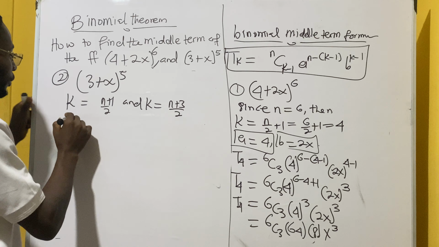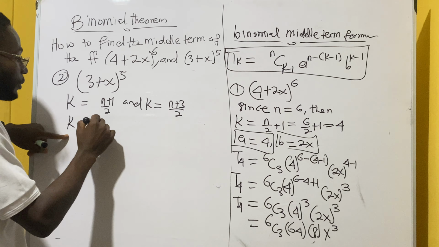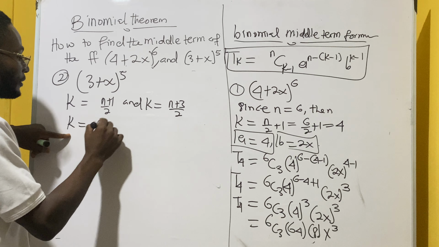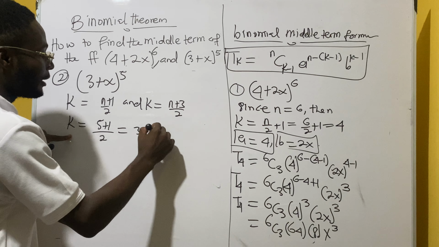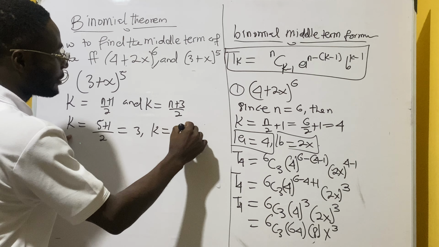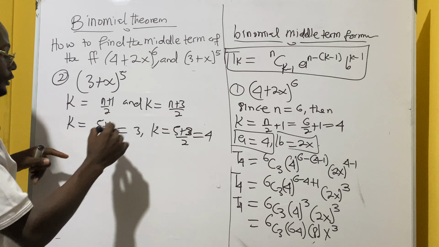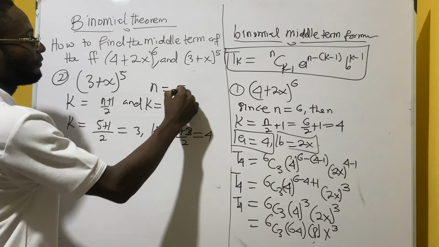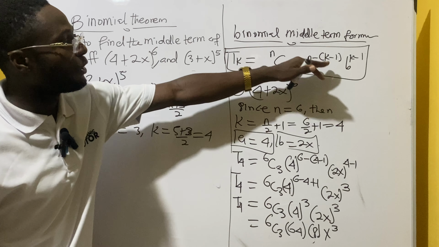So here we're going to have our middle term to be equal to n, which is 5, plus 1 over 2, and that is 3. And the other one is going to be 5 plus 3 over 2, and that is 4. So we know that our n is 5. We know the binomial middle term formula.